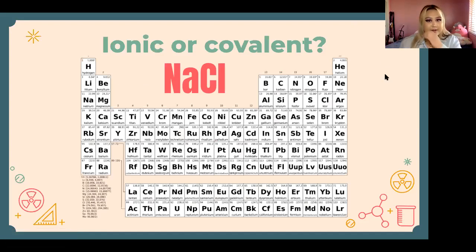So is this ionic or covalent? NaCl. It would be ionic. Yeah, exactly, because Na is a metal, right? So we don't need to worry about nonpolar or polar, because it is ionic.